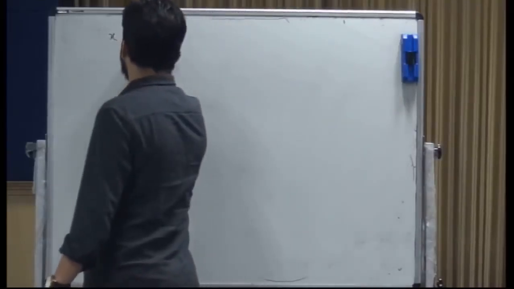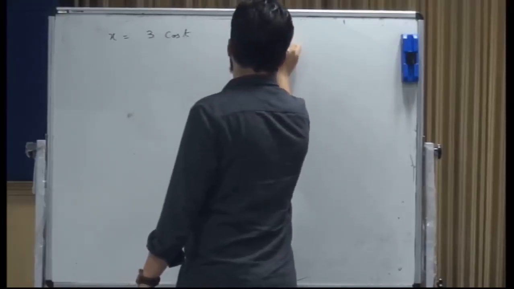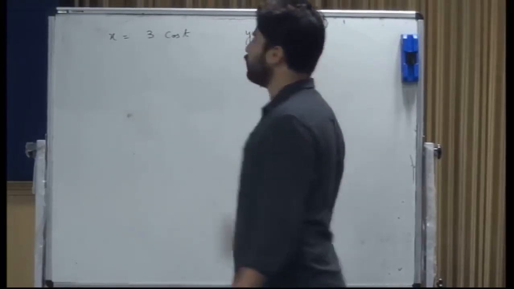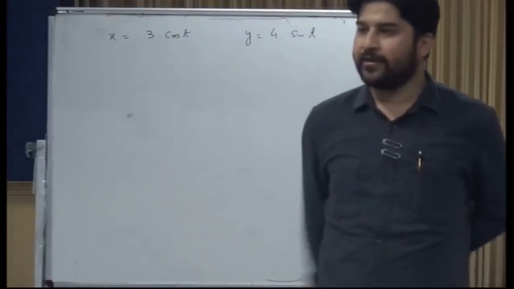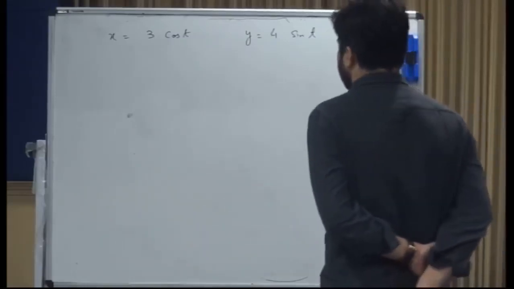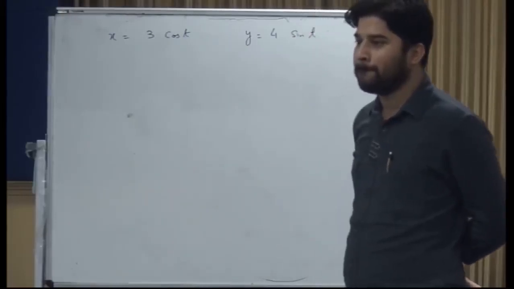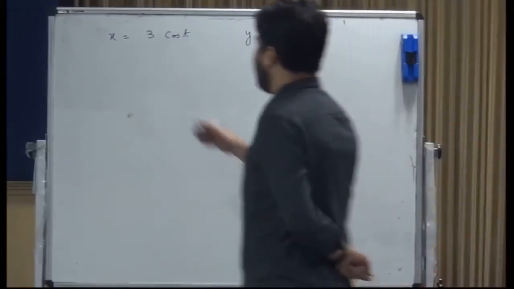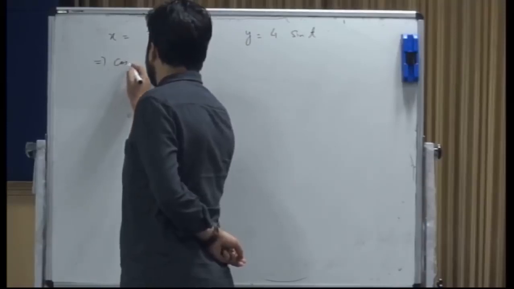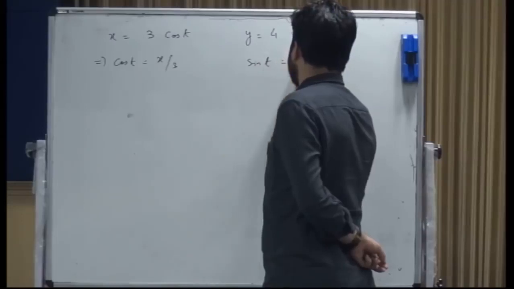First question we have already done, like projectile. Let's say x is 3 cos t and y is 4 sin t. Now tell me how to eliminate, what is the parameter here? T is the parameter, right? So we have to get rid of t. How to get rid of t? We can write cos t as x by 3, and sin t is y by 4.